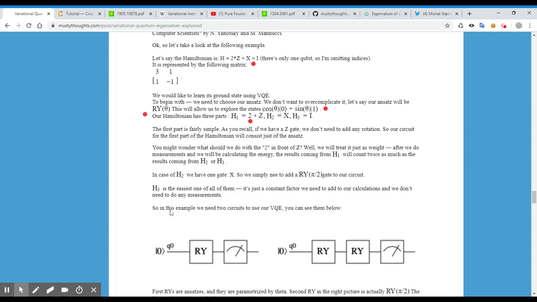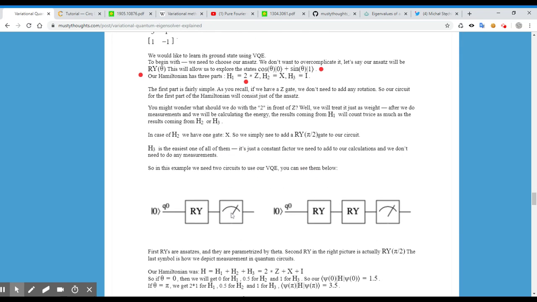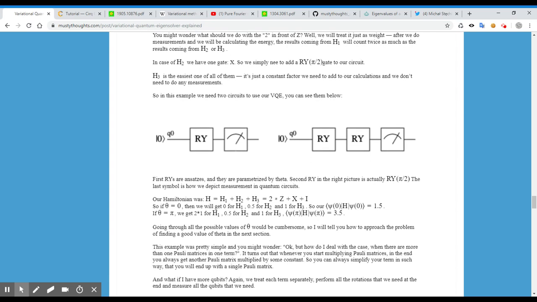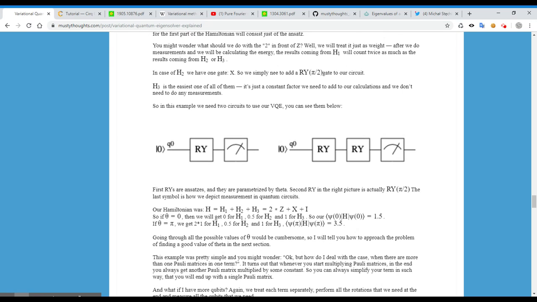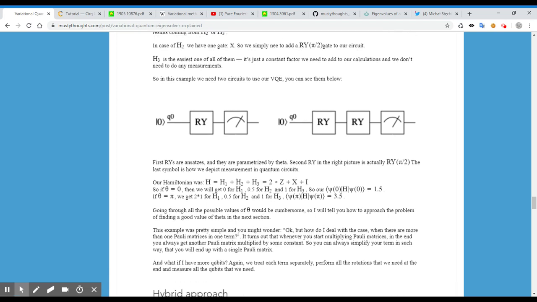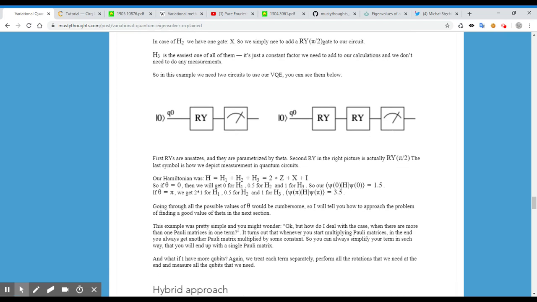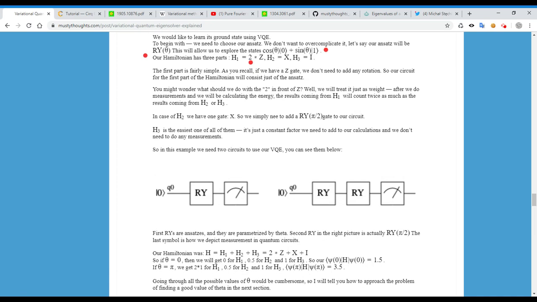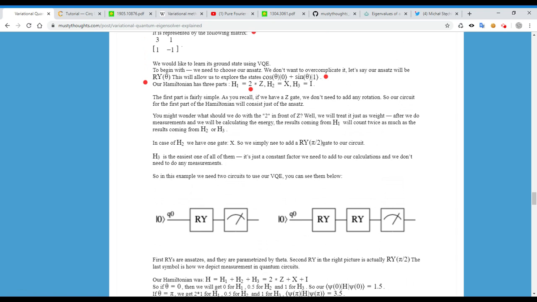So in this example, we need two circuits to use our VQE. You can see them below. What about the first one? Two rotations? Why two rotations?